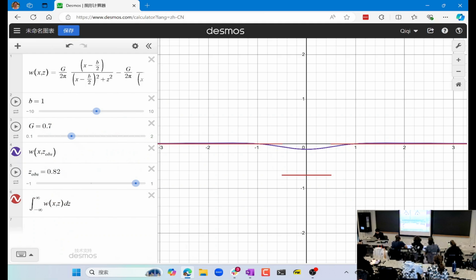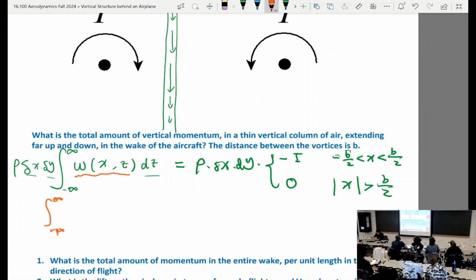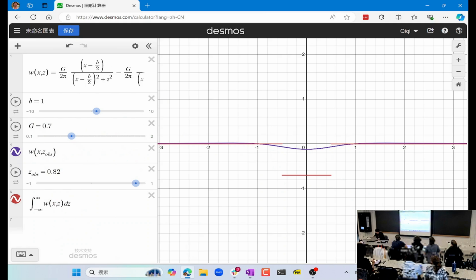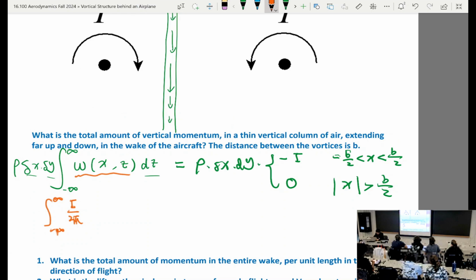One of the vortices is gamma over 2 pi, times x minus half b over x minus half b squared plus z squared, and I'm integrating over dz.